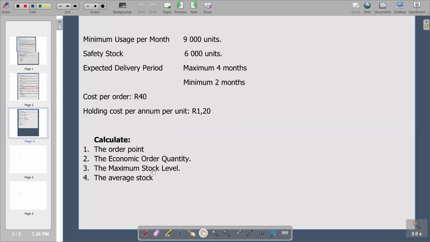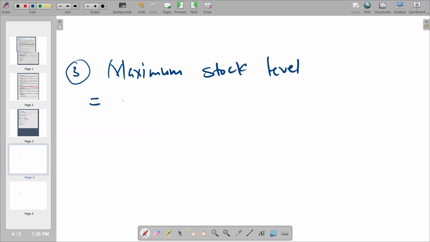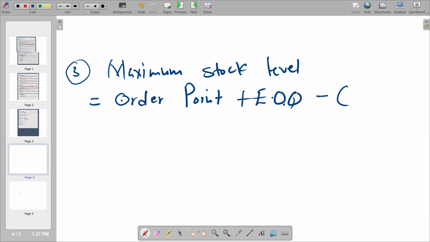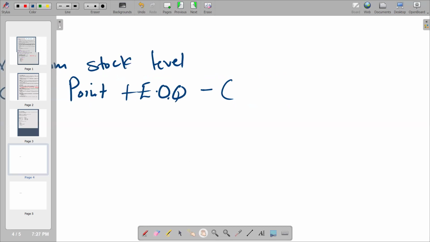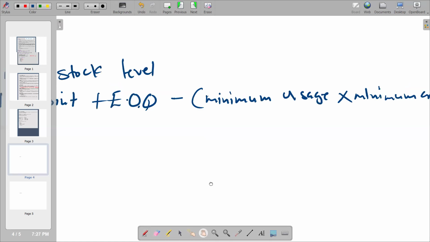So for the maximum stock level, you say order point, and then you subtract in brackets minimum usage, and then you multiply by minimum order period. So basically, this is what we have on that formula.